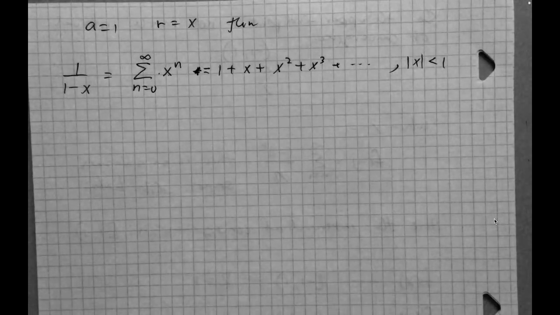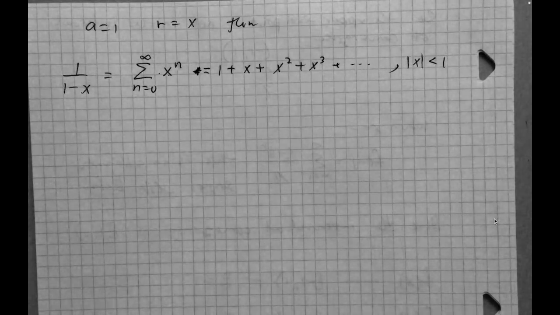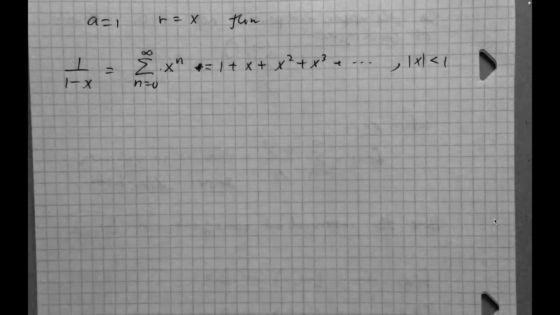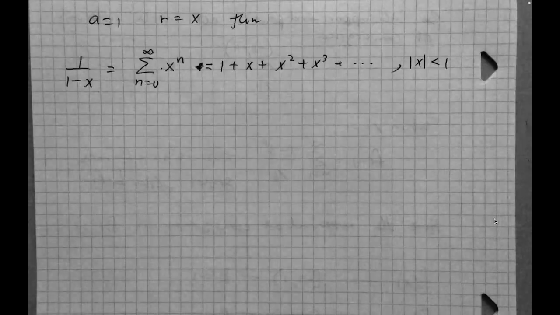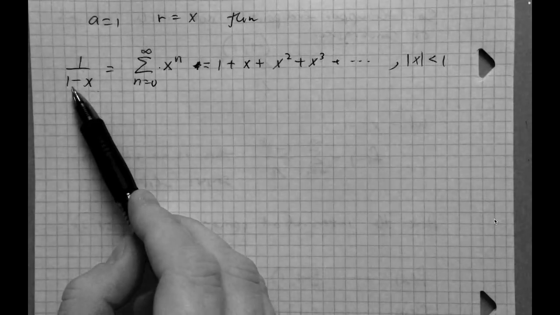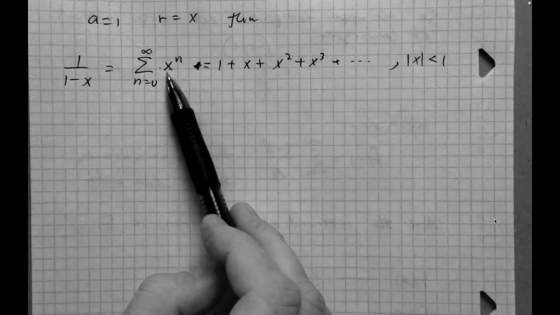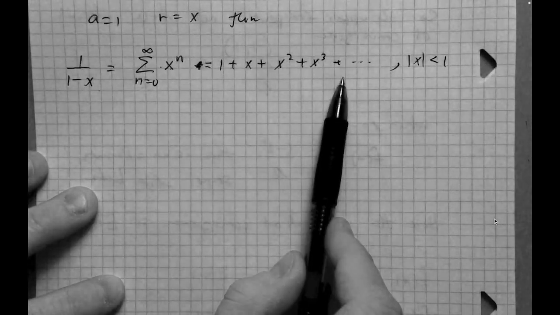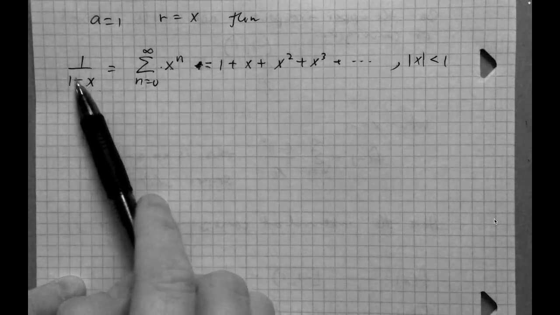It's important to note that this power series is only equal to this function on its interval of convergence. So if I plug in the number 5 for x here, this is going to be an infinite number, clearly. But if I plug in the number 5 in the function, it's not going to be an infinite number.